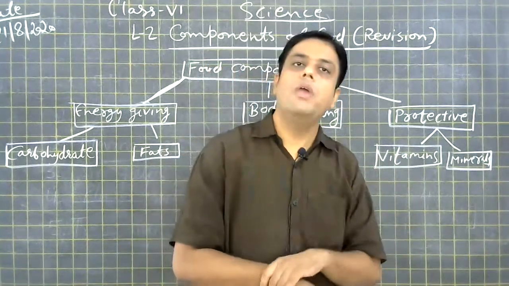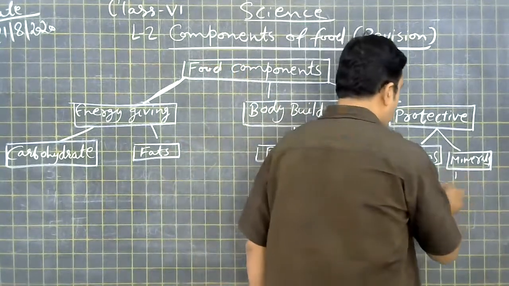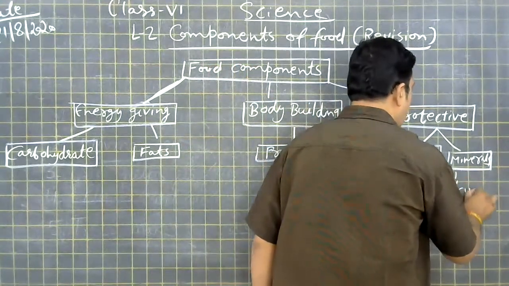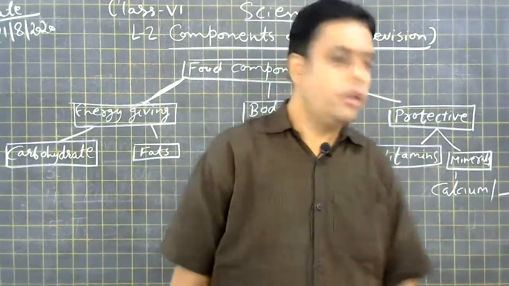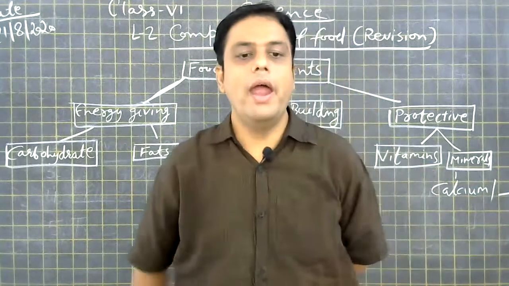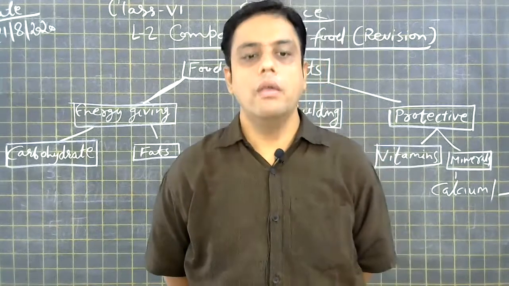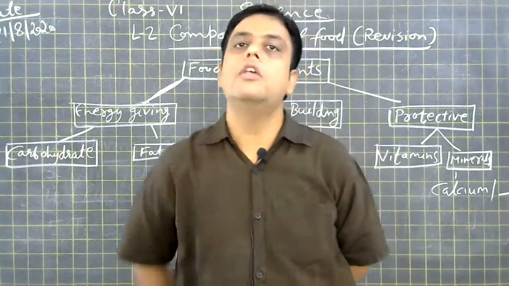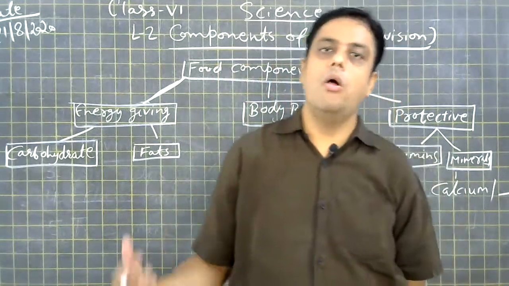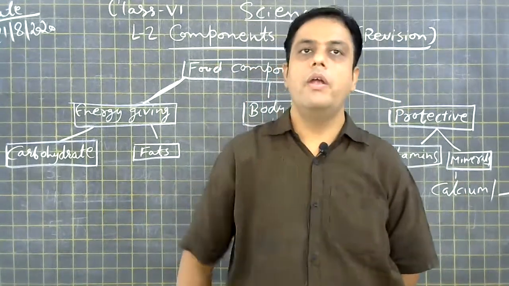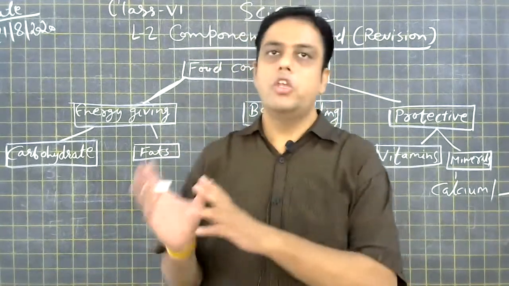An example of minerals: the first one is calcium and phosphate. I am writing here calcium and phosphate. We need calcium for making bones and teeth strong. All of you know that our bones and teeth are made from calcium, so we need calcium to make them strong.